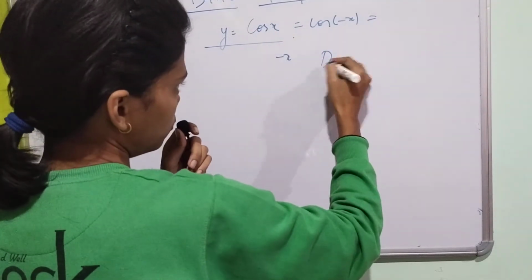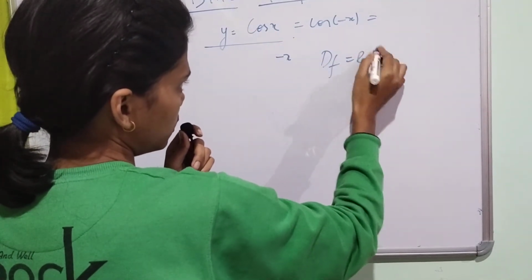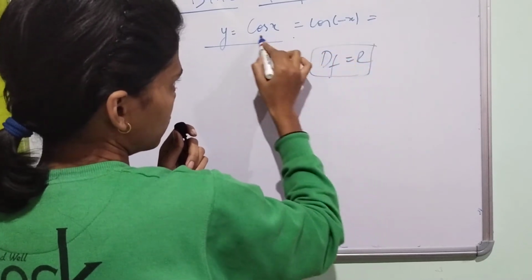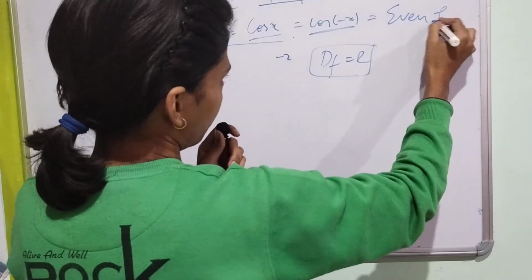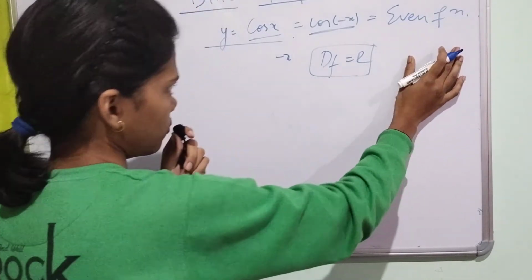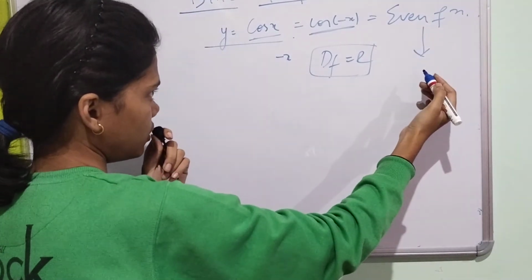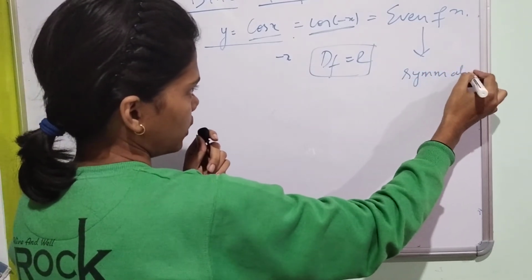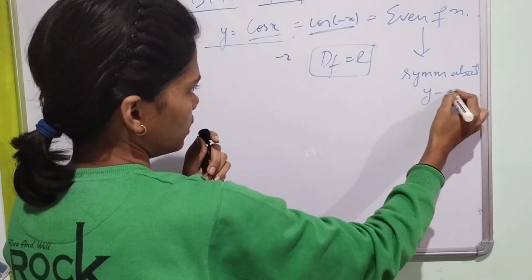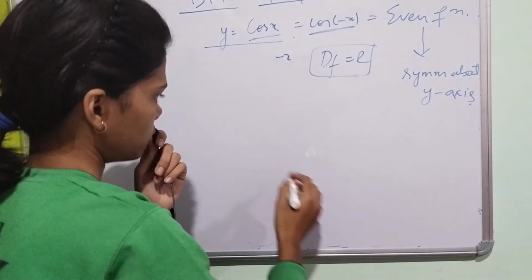Its domain of the function is all the real values, and cos of x is the same as cos of minus x, so it is called an even function. In an even function we know that it is symmetric about the y-axis.